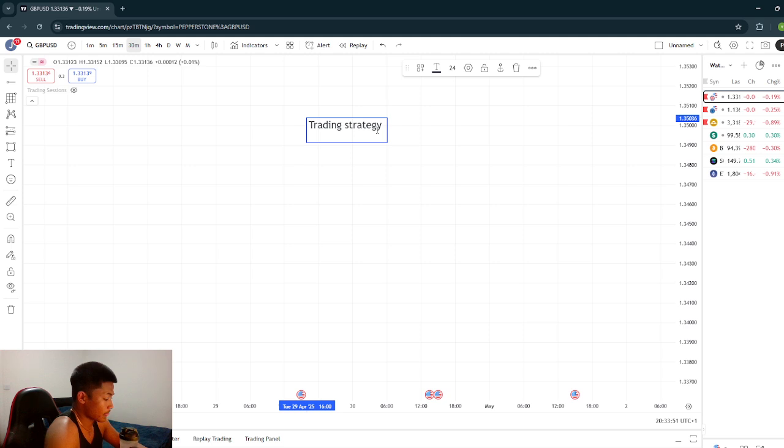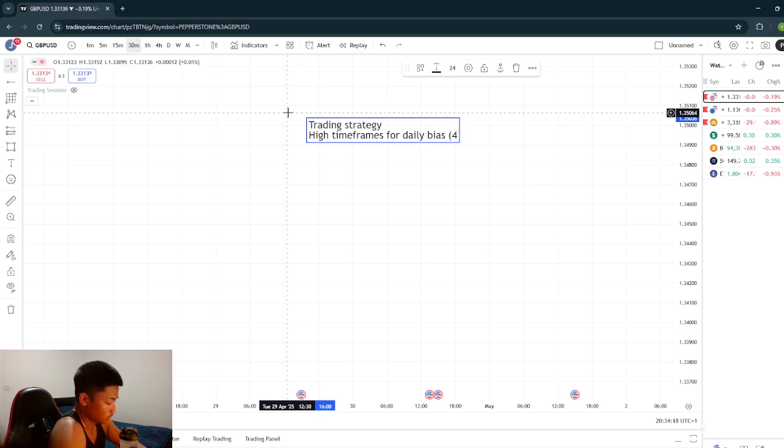So, within our trading strategy, we will be utilizing high time frames for daily bias, and we will be using the 4 hour and 1 hour, either or.